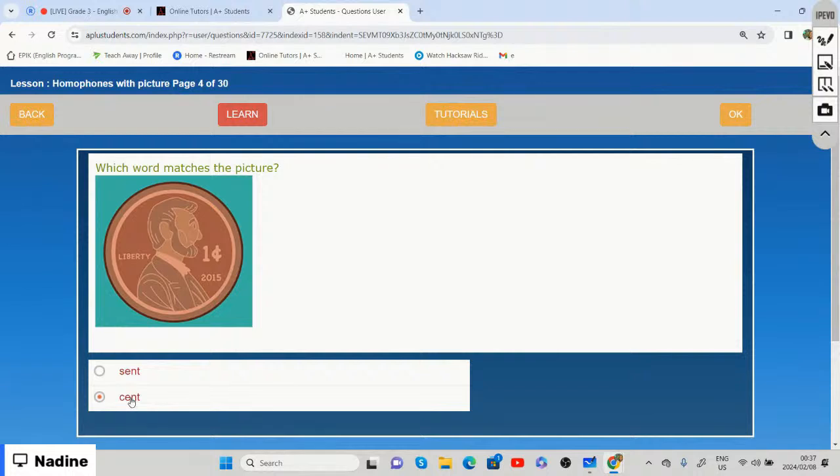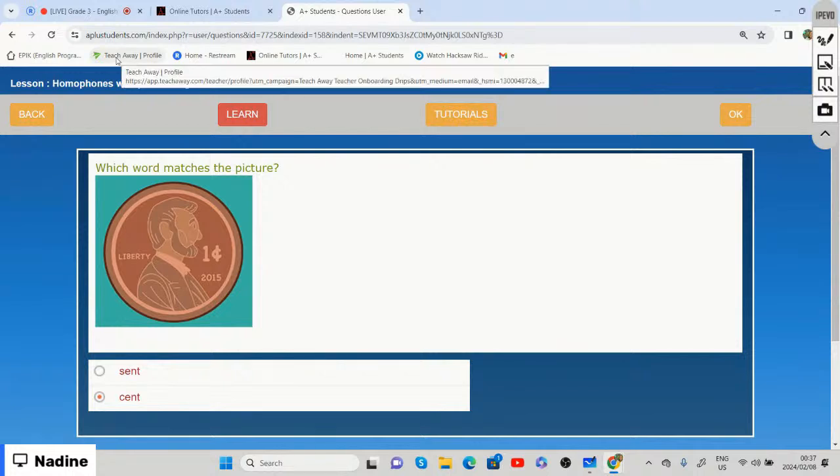Like, can I maybe have 2 cents, because you want to maybe buy candy, right? So that is how we use the word cent, which is C-E-N-T. To knock some sense into someone is a different word, but that is also a homophone, because cent, and cents.